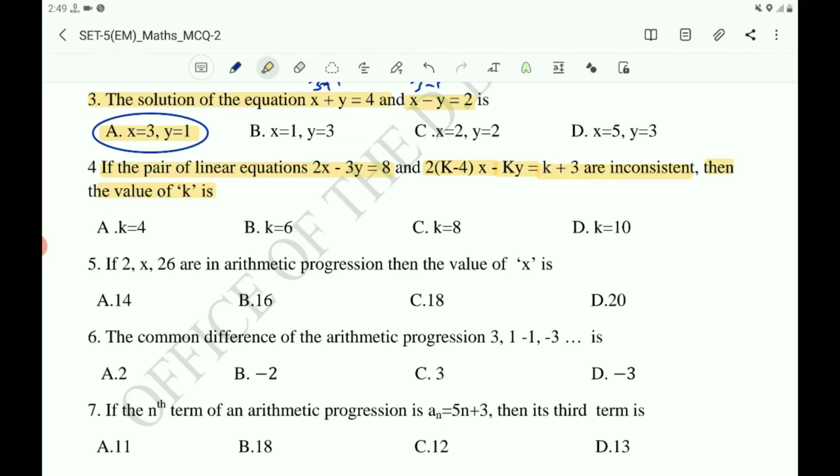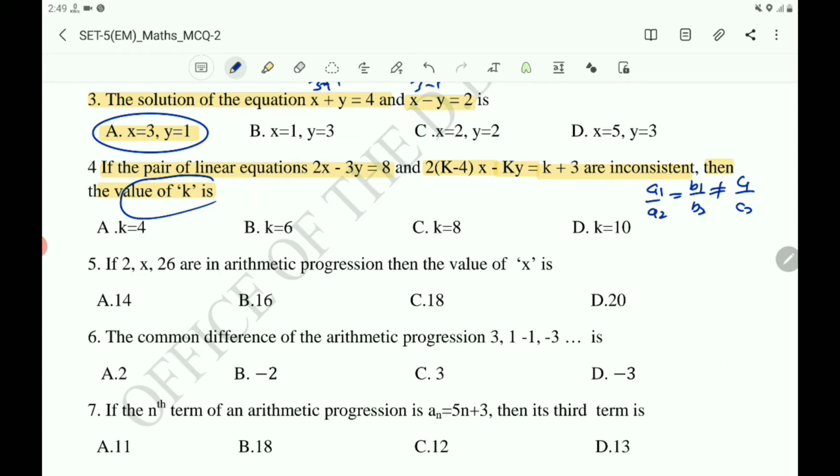Inconsistent means they are not having a solution. We have to find the value of k. And if the pair of linear equations are inconsistent, you know the ratio a1 by a2 equals b1 by b2, which is not equal to c1 by c2.